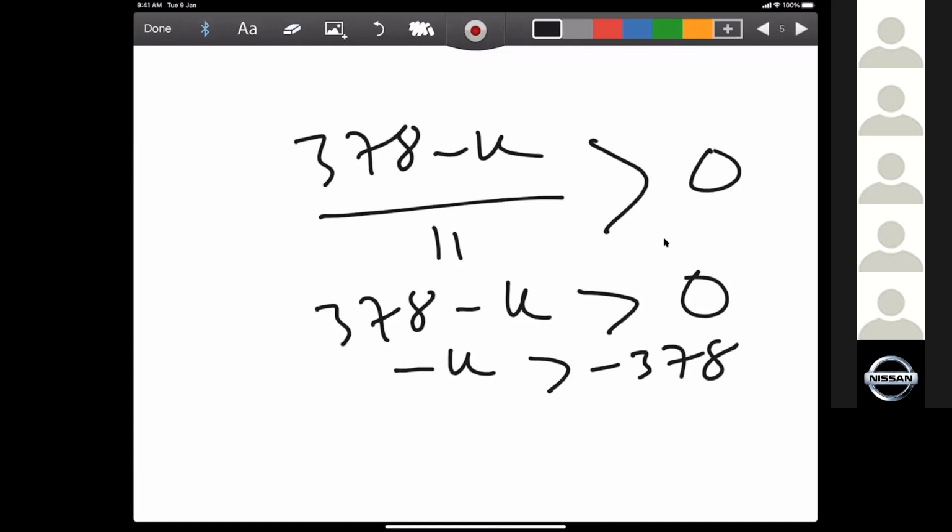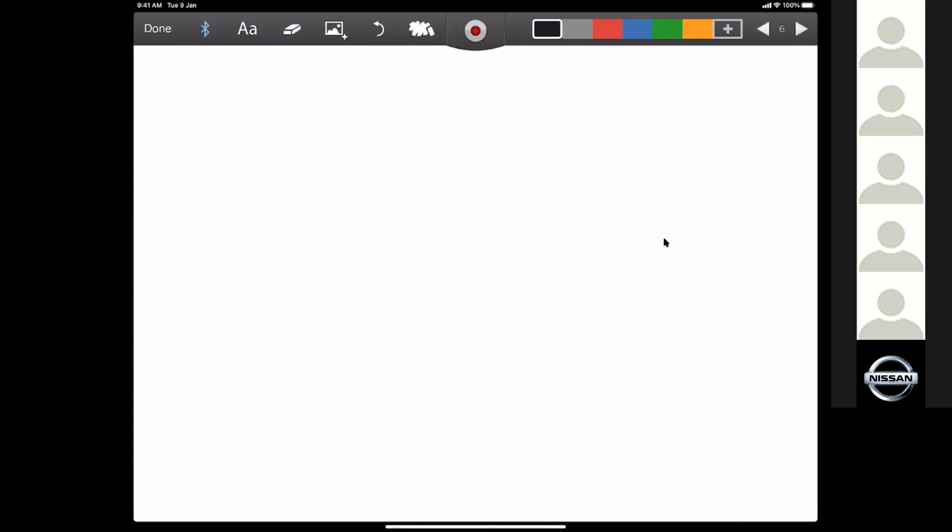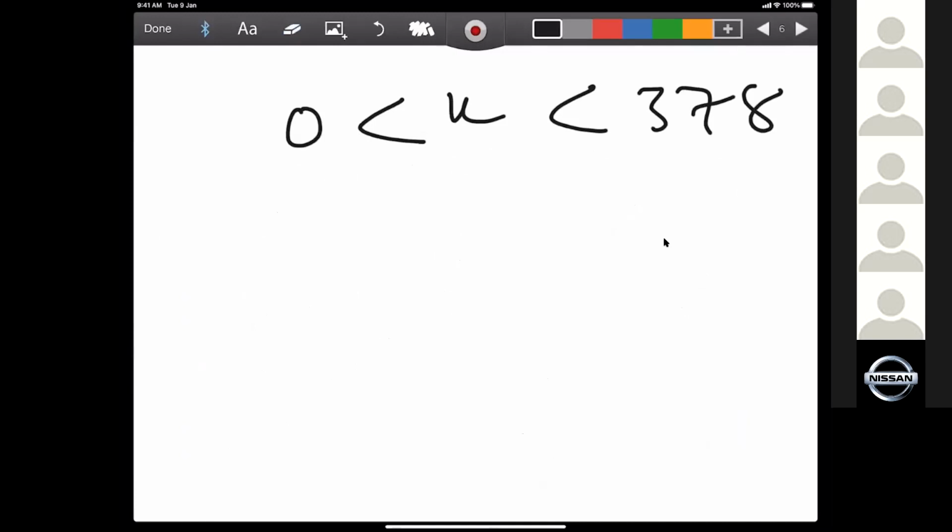So I'm doing magic. Okay, I flip this equation so it will become K less than 378. Okay, so this is the range. So the range will be K between 0 and 378. The one that we used just now is 400. Am I right? So this is the range of stability.